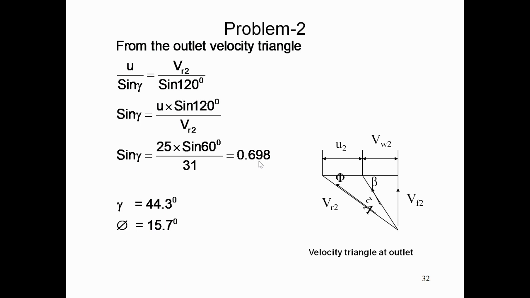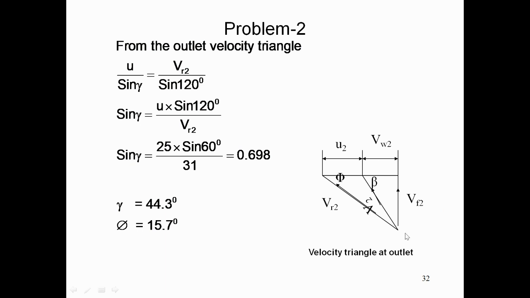From the outlet velocity triangle, u by sine gamma is equal to vr2 by sine 120 degrees.